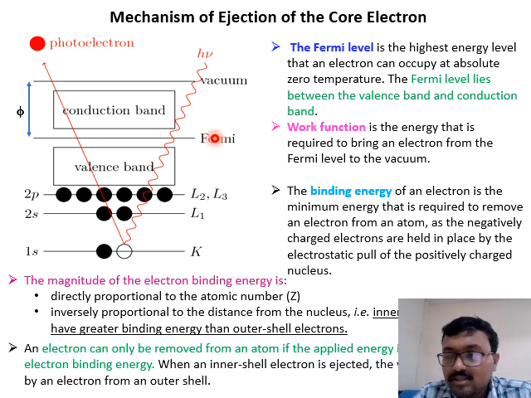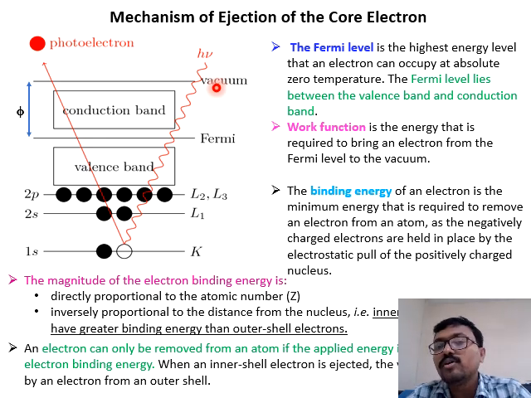Work function, what I said before, is the amount of energy required to emit the electron. If we want to specify the work function in more detail, we have to say that the work function is the amount of energy required to bring the electron from the Fermi level to the vacuum level.